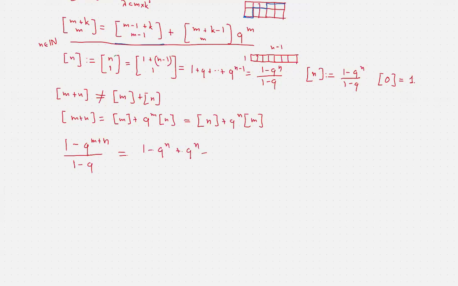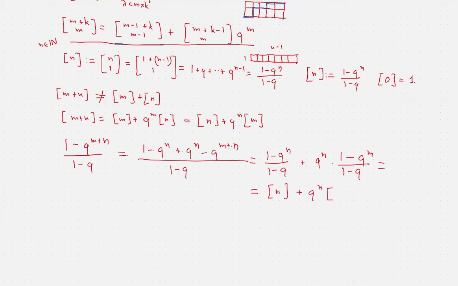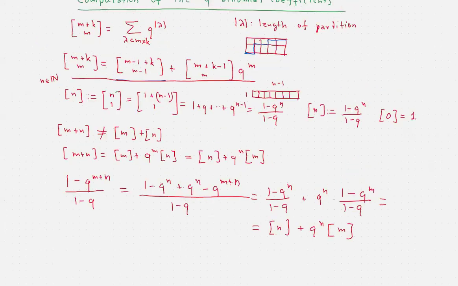And this is 1 minus q to the n over 1 minus q. And now we factor out q to the n from here, and we get 1 minus q to the m over 1 minus q. And of course, this is the same thing as n plus q to the n times m. And of course, had we added and subtracted q to the m, we would have gotten the other identity. Again, this is contained in this combinatorial identity, but since the algebraic expression is so simple, we might as well do it this way too.